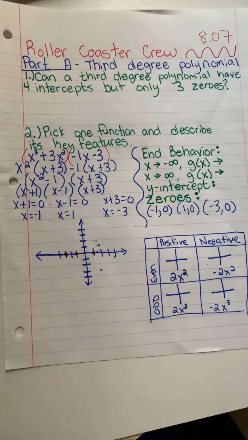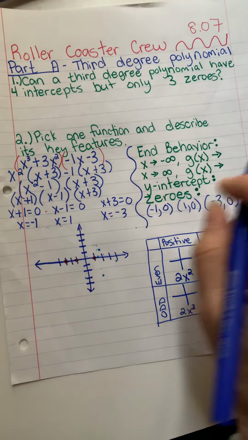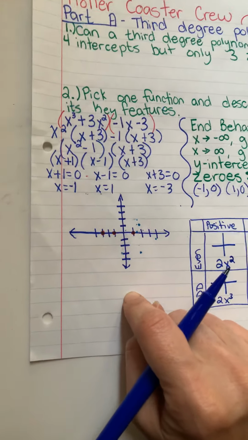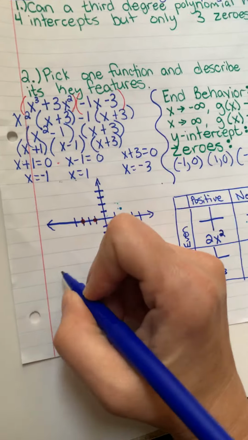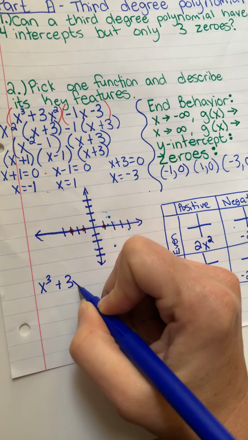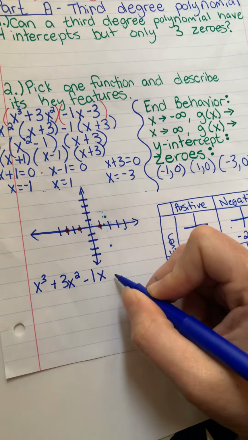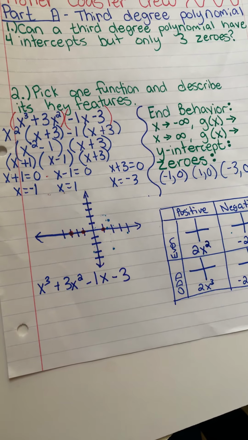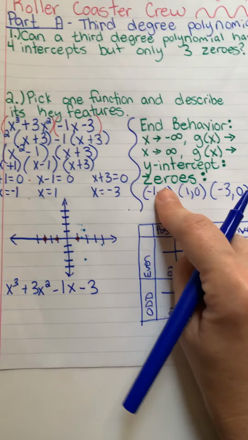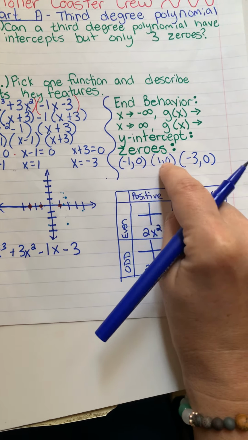The y-intercept is actually the easiest thing to find, but I'm going to rewrite the equation down here so you can see. X cubed plus 3x squared minus 1x minus 3. When I'm looking for my x-intercepts, my y is 0.